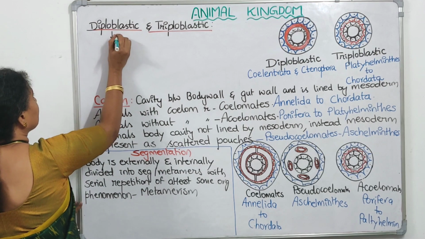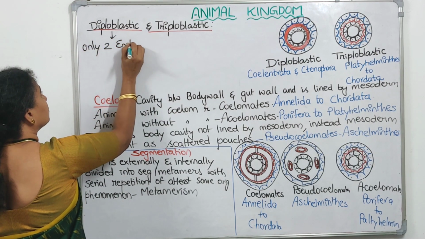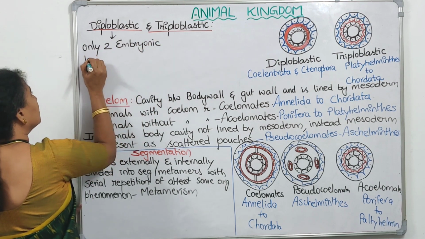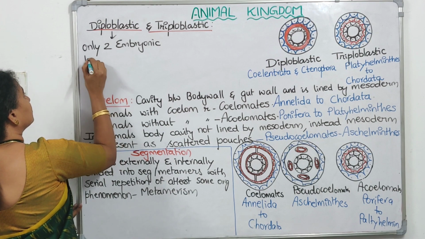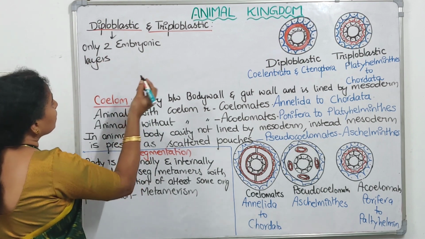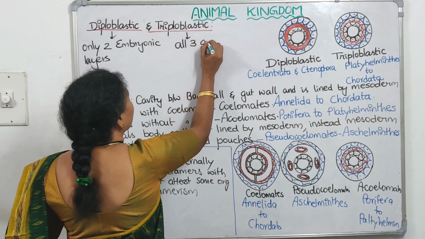What are diploblastic? Only two embryonic layers are there. They are called diploblastic. And what do you mean by triploblastic? Triploblastic means all three germinal layers are present.